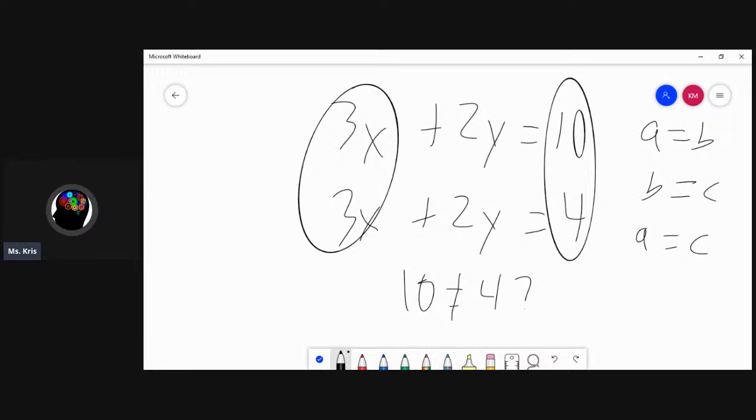Whenever you have lines with the same slope but different intercepts, that means it will not have a solution. Any questions?